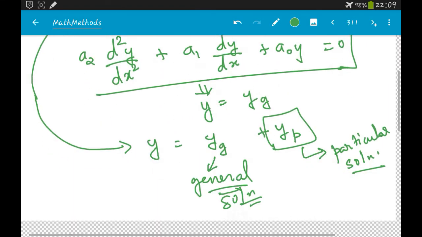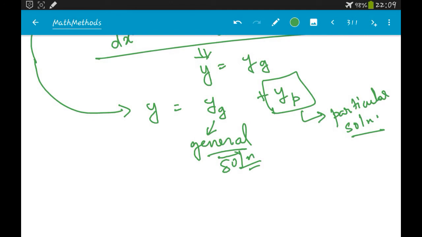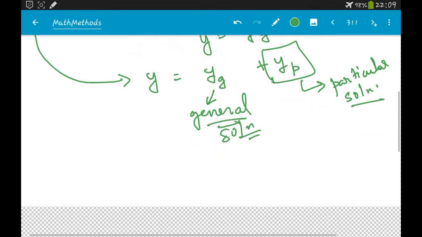Okay, so whenever you have such an equation you will write y as a sum of the general solution and the particular solution.